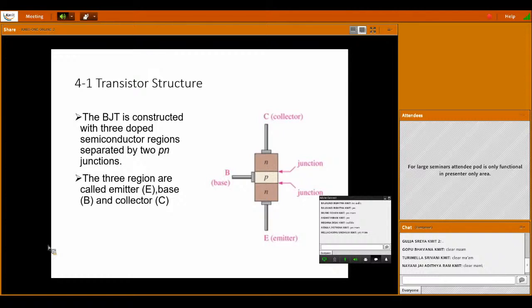The base occupies very, very little space compared to the emitter. Out of the three regions, the collector has the greatest width, whereas the base width is the least. The emitter is in between the base and the collector, moderately occupying the region.